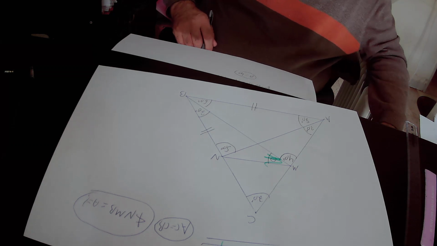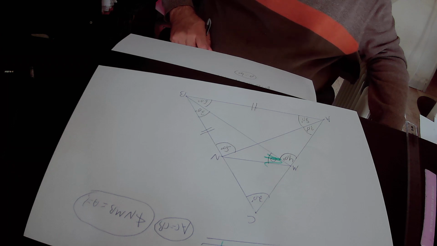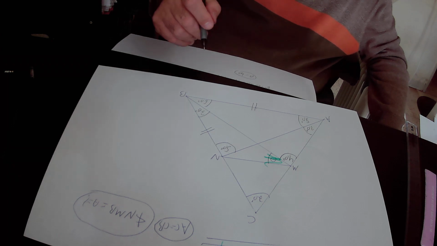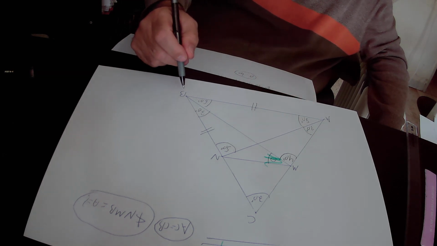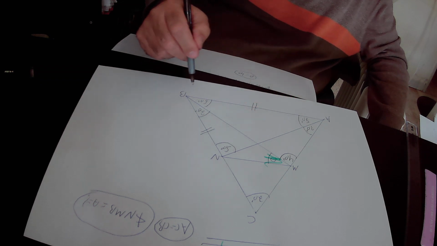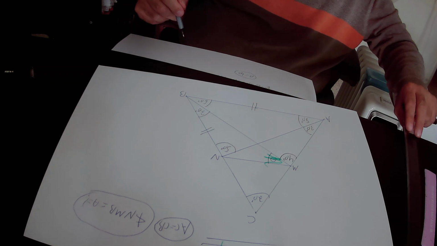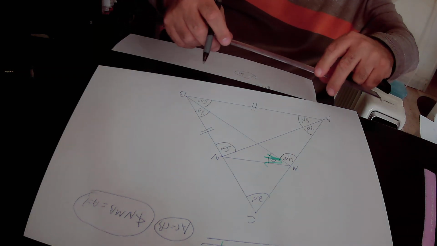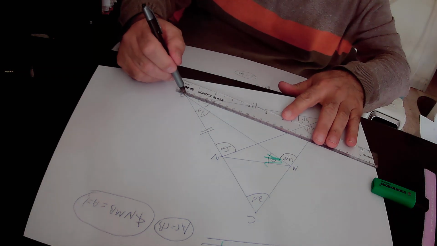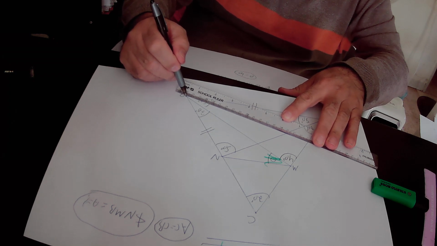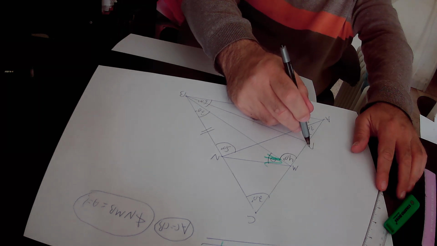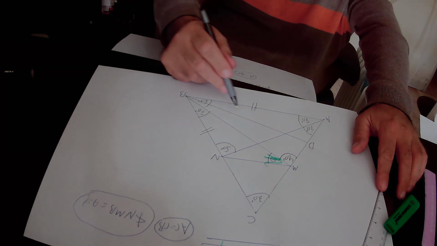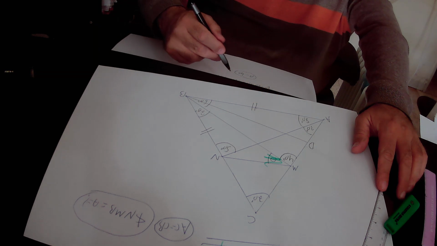Okay, so in the next step, we will draw from point B line segment BD on AC in such a way that BD will be equal to AB. So we constructed line segment BD in such a way that BD equals AB.